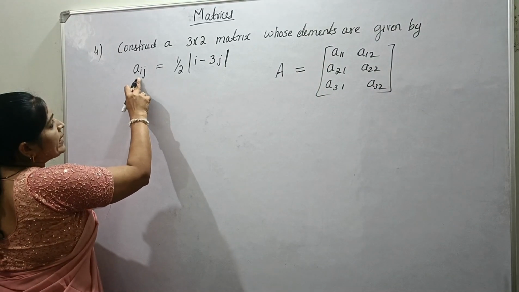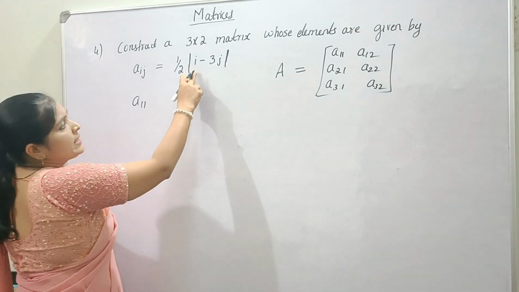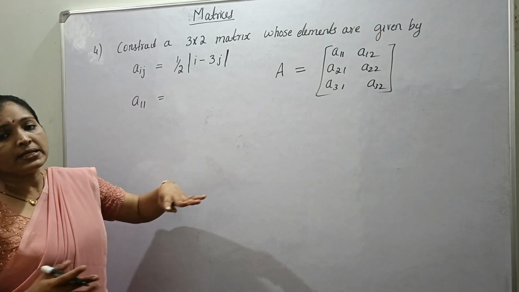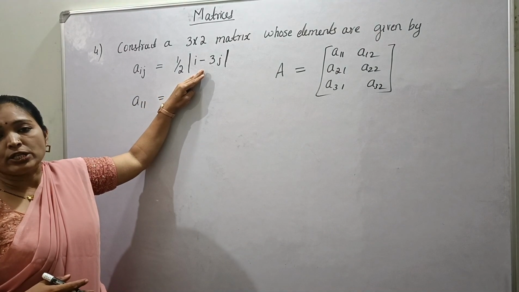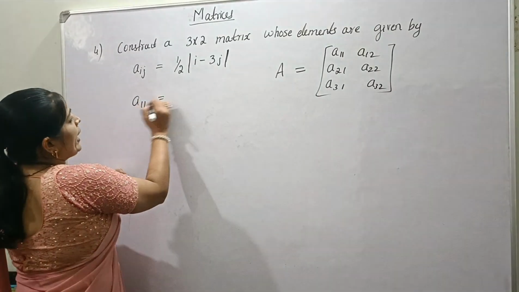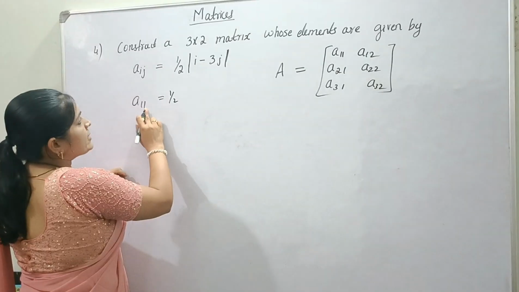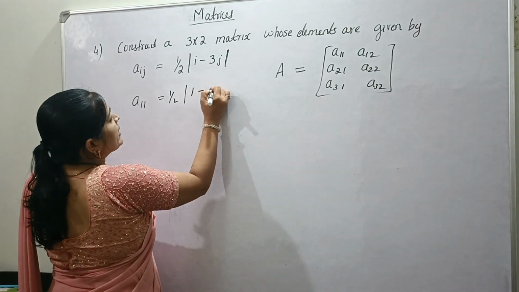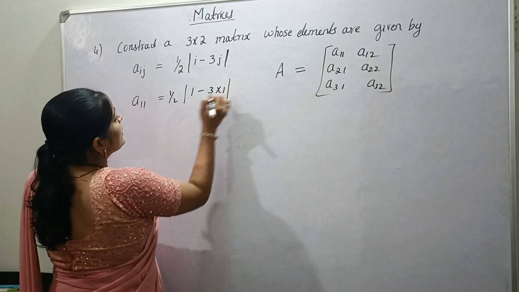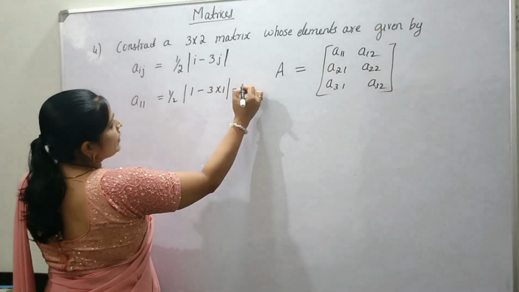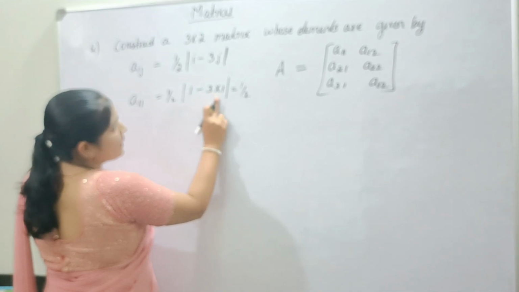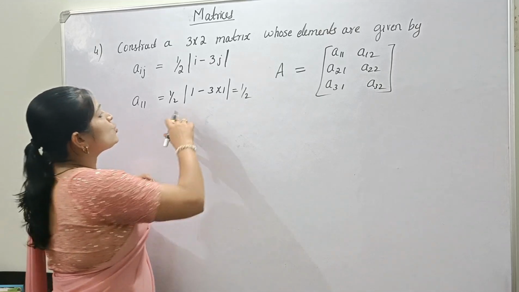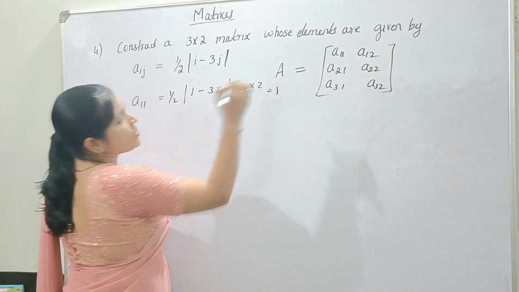For A11, it is given that Aij is equal to 1 by 2 into modulus of i minus 3j. So let us find all the elements by substituting the i and j values. A11: here i is equal to 1, j is equal to 1, so 1 by 2 into modulus of 1 minus 3 into 1, that is 1 by 2 into modulus minus 2, which is 2, so 2 by 2 is 1.